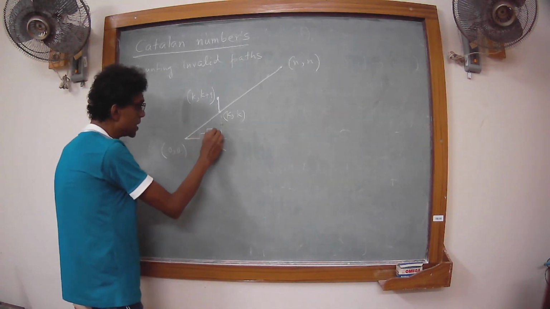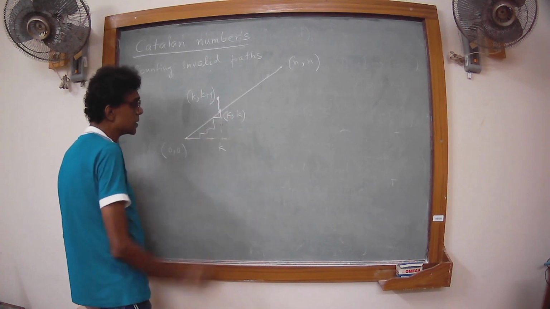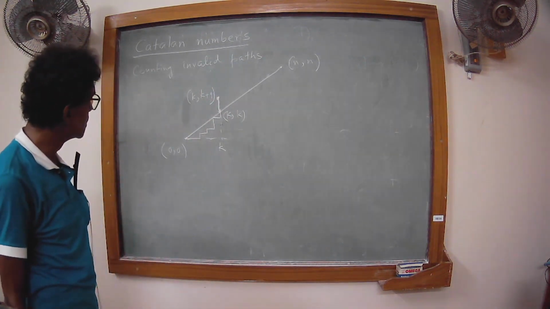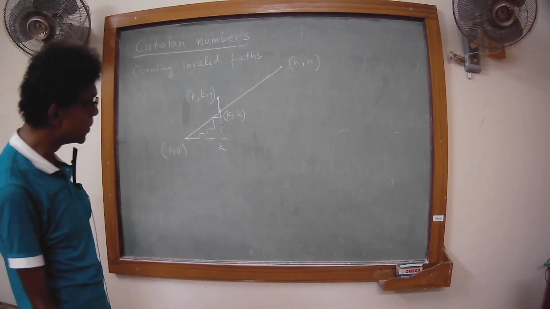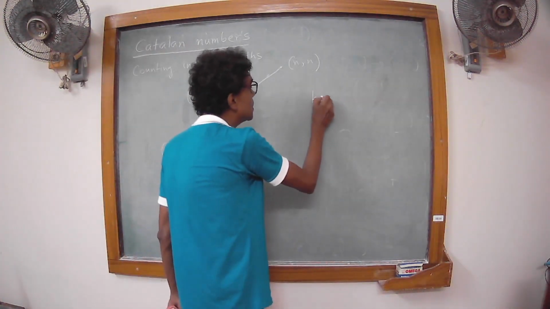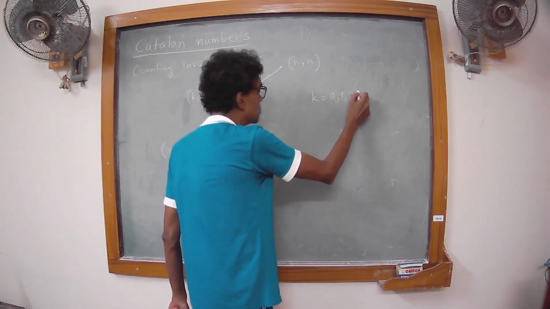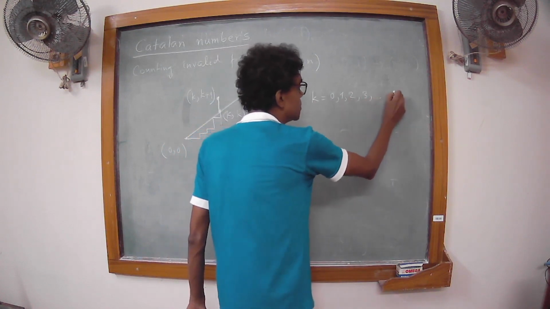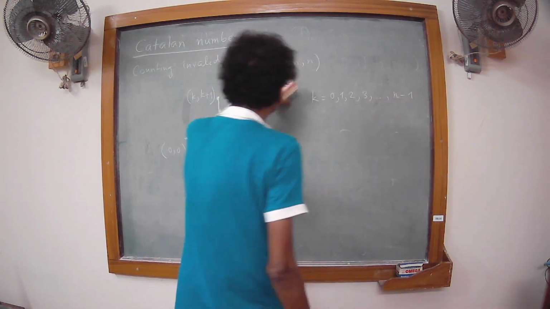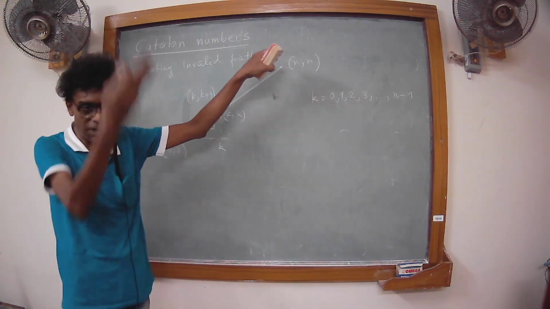So maybe here there is no problem, but there is some point where this path crosses the y equal to x line going from below. And what are the possibilities for k? 0 in the first place itself, or 1 or 2, 3, up to n minus 1. It cannot be n, because if you have reached the destination, then there is no question of crossing. You cannot come back.